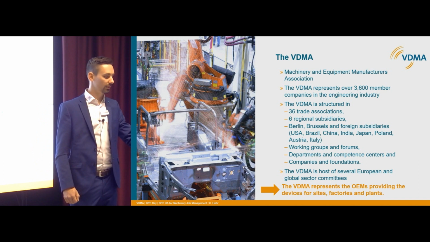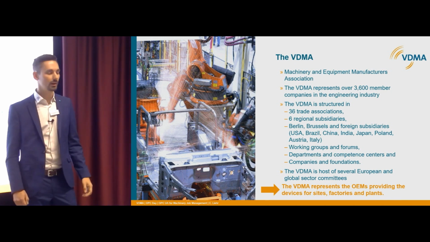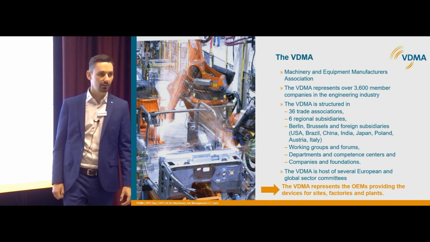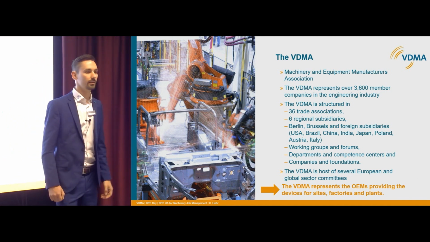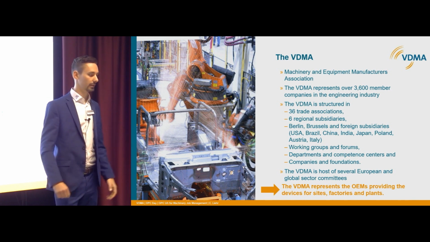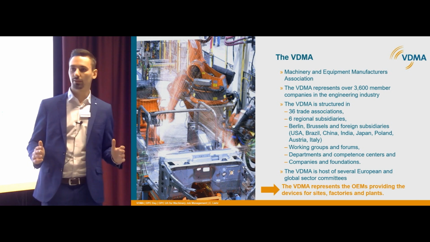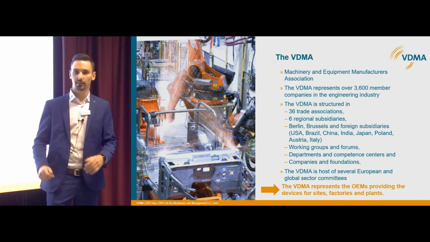In the context of OPC UA and the standardization of information models, I want to highlight again the 36 trade associations we have. As all of you know, the sector of the engineering industry is very broad. There are a lot of different sectors in it.